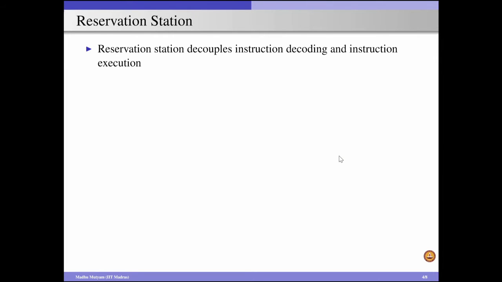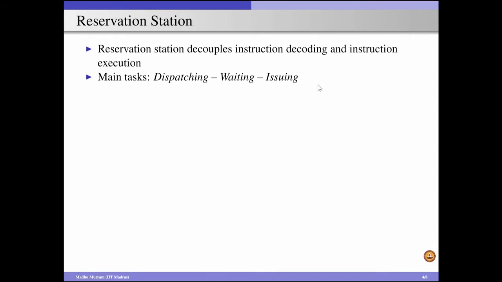The main role of the reservation station is to decouple the instruction decoding and the instruction execution. Once we decouple them, we can eliminate the stalls at the instruction decoding stage, as well as the starvation at the instruction execution stage.